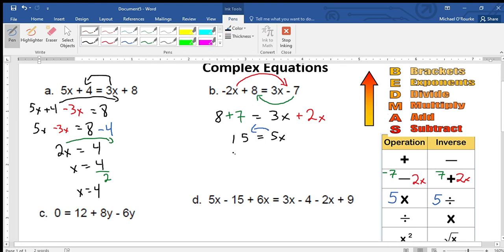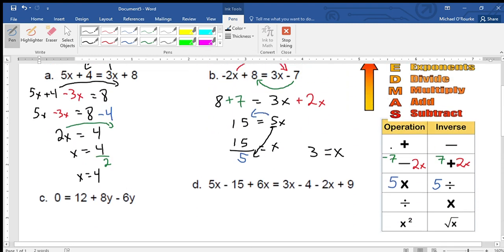So next I write down 15 divided by 5 equals x. So x is going to equal 3. Away we go from there. So remember, whenever you get down to this step, you divide by the coefficient being 5, and it becomes a divide. Okay?